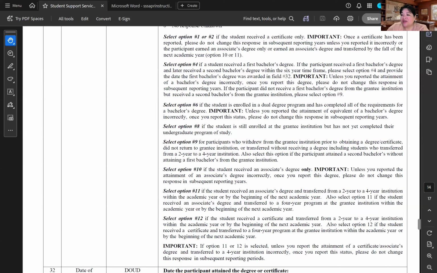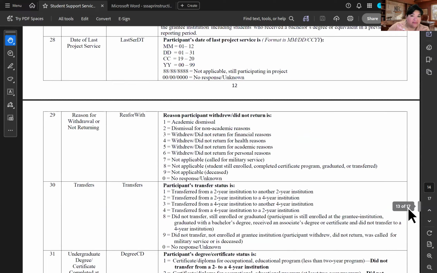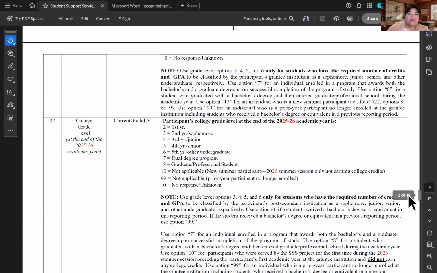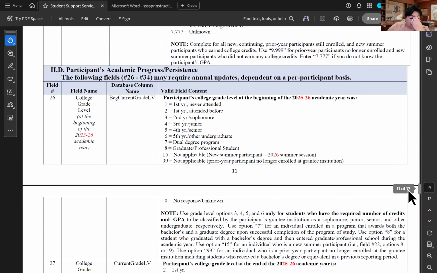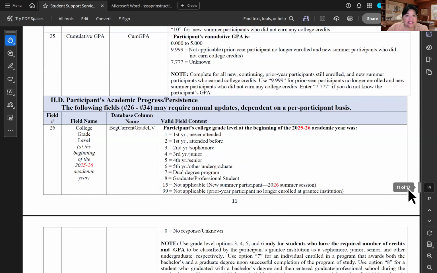We get so busy working with those students that always come that we sometimes forget to check on those continuing students that maybe are struggling so much they don't even want to come to our office, or they're doing okay. But just because they're in your database and you rolled them over from one year to the next and they're attending classes, you still have to show documentation that those students have received at least two services in order to count them on your APR.